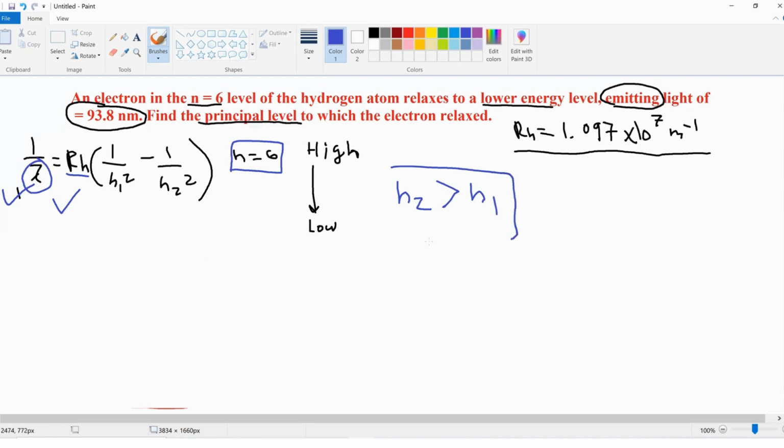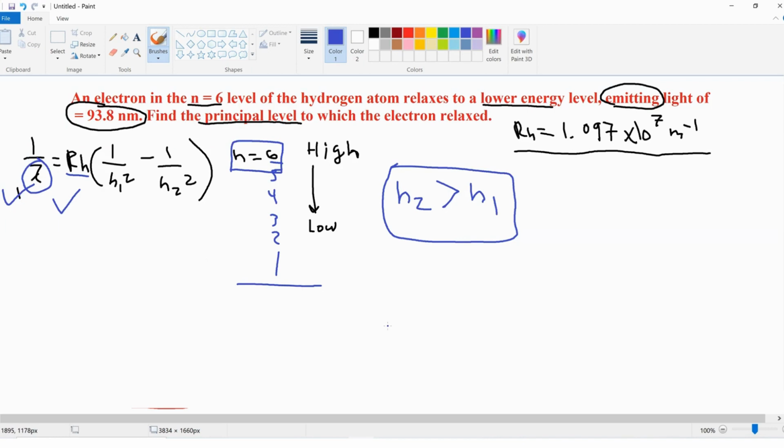Only looking at this, we're going from high to low. This tells us that our highest number is 6, and we're going down. So we're going 5, 4, 3, 2, 1. We need to find out which of these numbers we're going to.